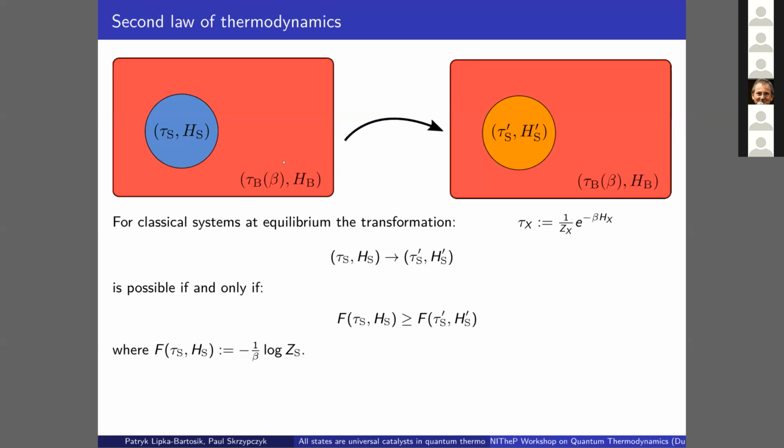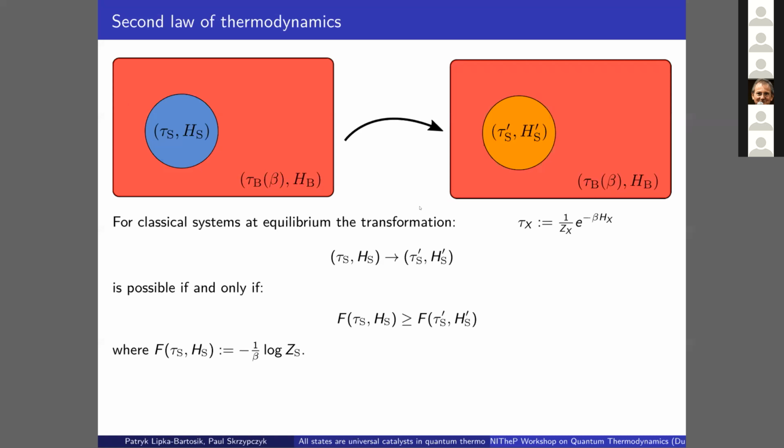And let me suppose that we have some thermodynamic process which changes the system's Hamiltonian such that the system equilibrates toward a different state now. So we know that this transformation can happen if and only if the Helmholtz free energy of the system decreases during the process. And this is one of the instances of the second law of thermodynamics.